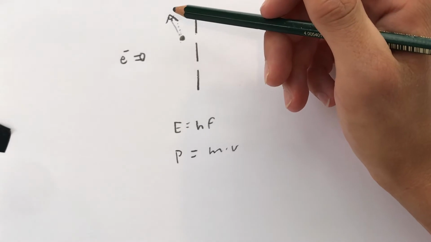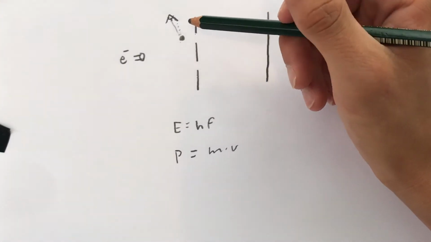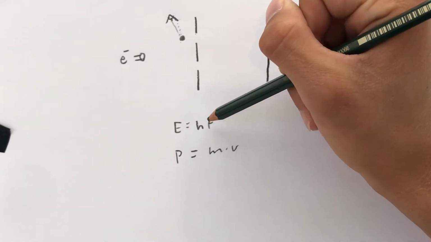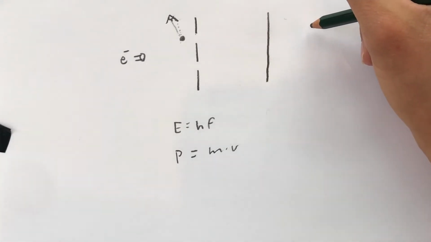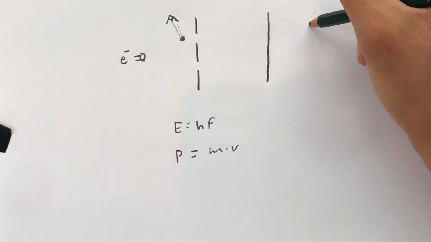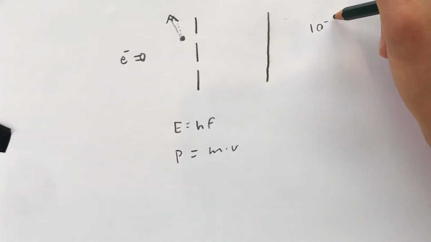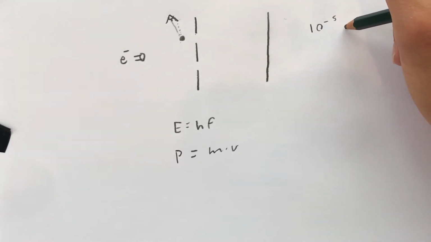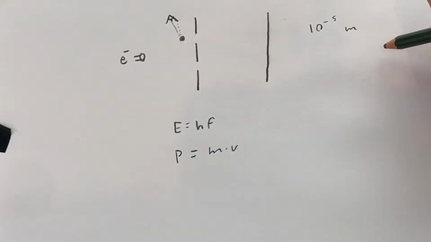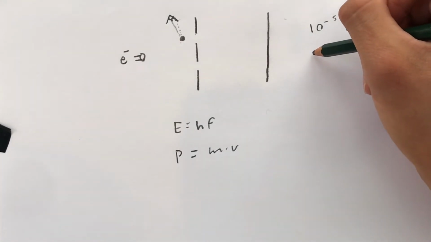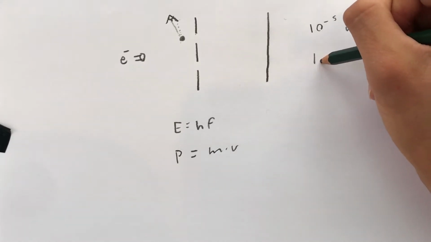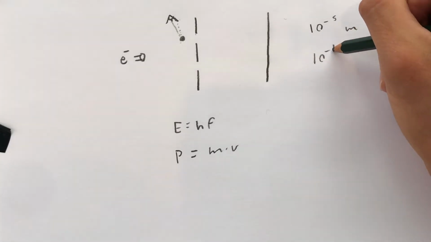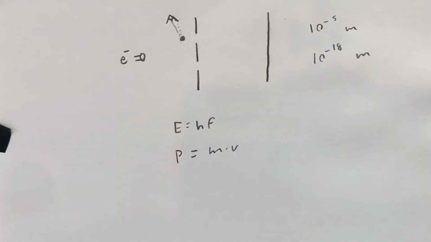So the only way to make light weaker is to make the wavelength bigger. And herein lies the problem, because most light has a wavelength of about 10 to the minus 5 meters, whereas an electron has a diameter of 10 to the minus 18 meters, I think.